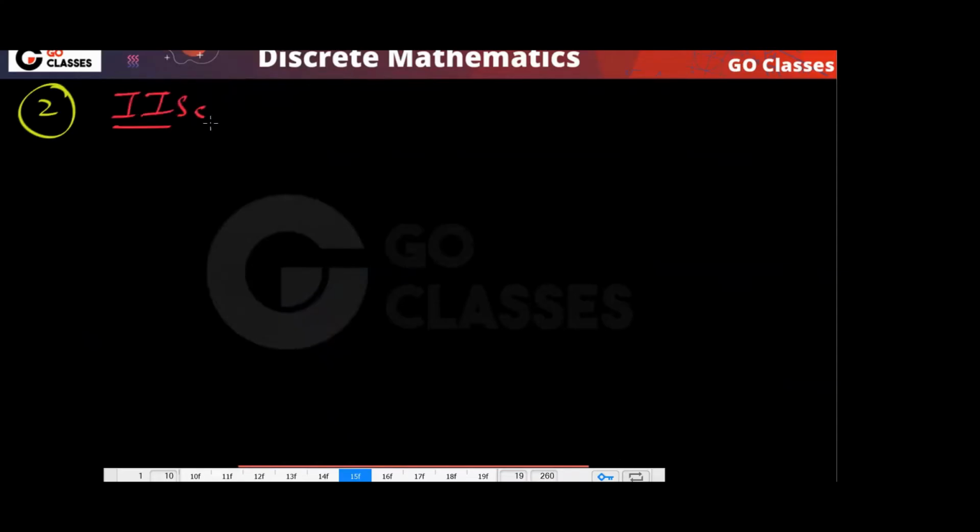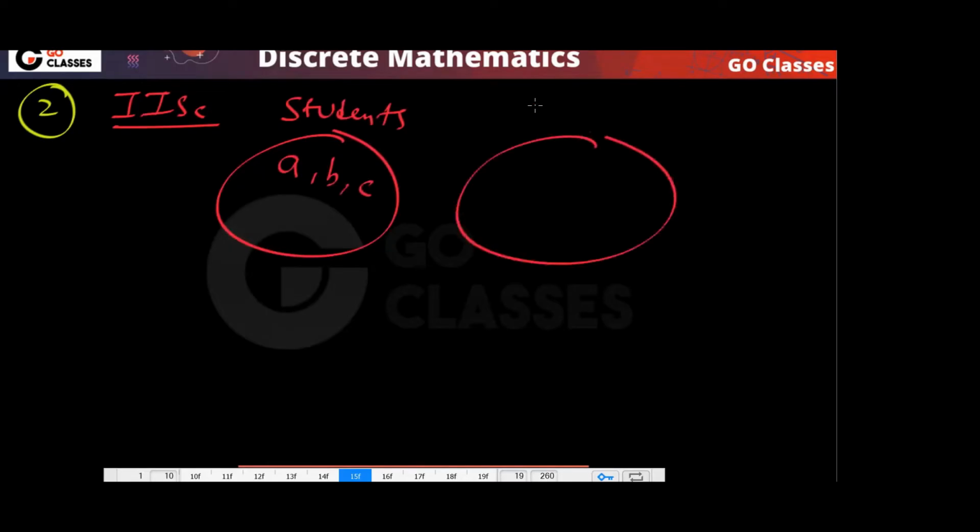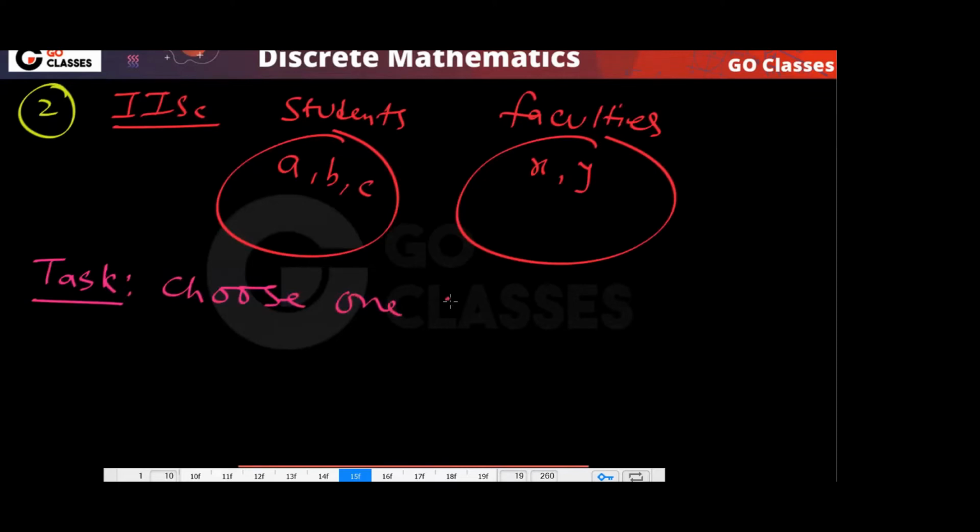Let's assume these are the students, A, B, C, and let's assume these are the faculties, for example, X, Y. This is your task: choose one person, either a student or a faculty.